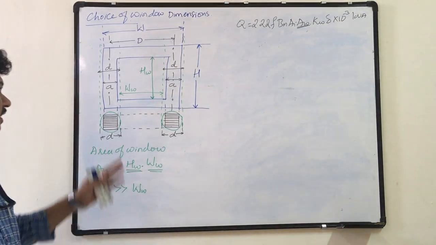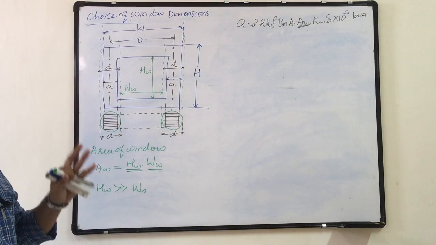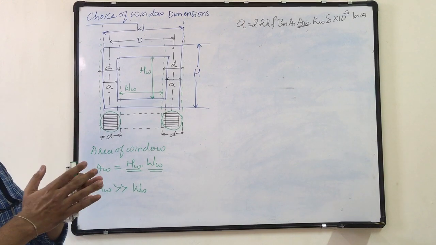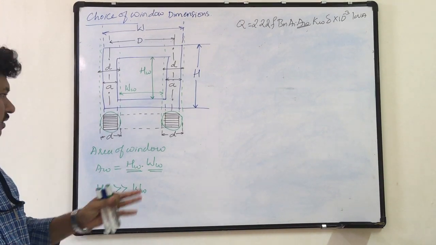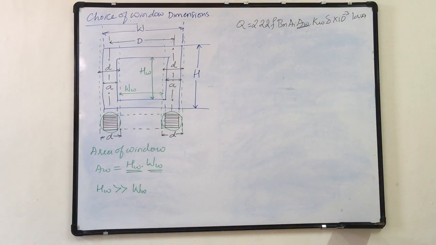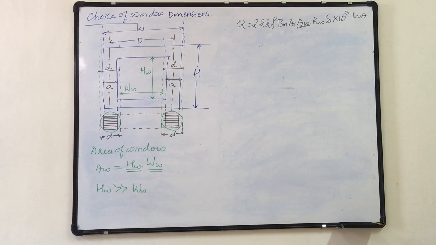I need to have some clearances for cooling or for expansion. Now if I make the window very narrow by keeping height large and width less, then my cooling will suffer in the transformer. There can't be enough cooling and there can't be sufficient clearance space provided. Okay, this is one case.